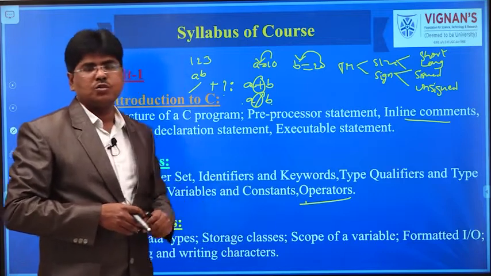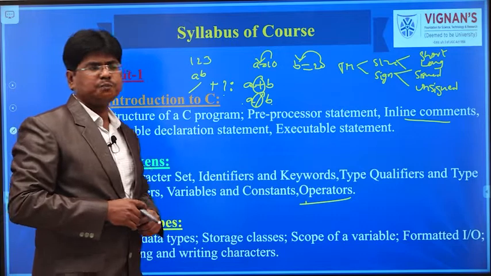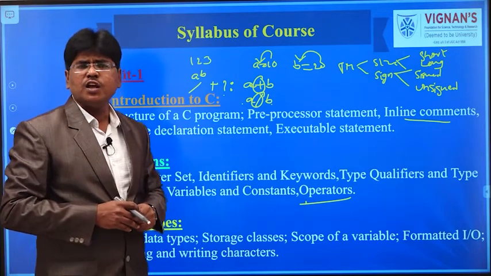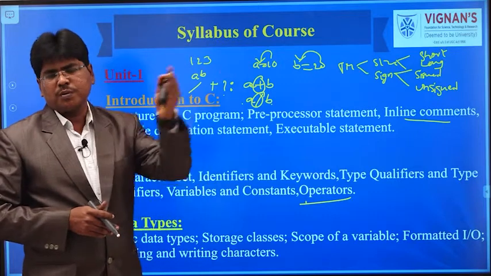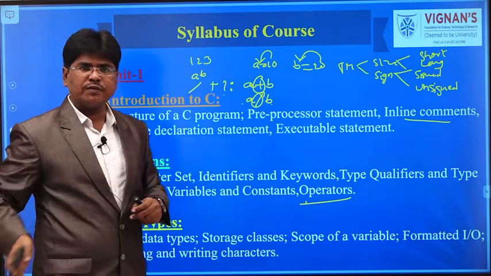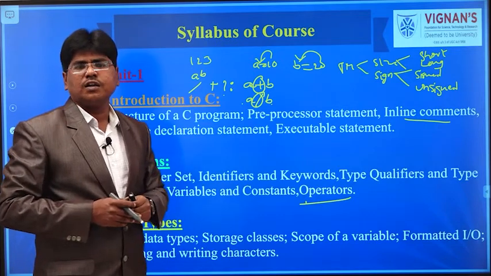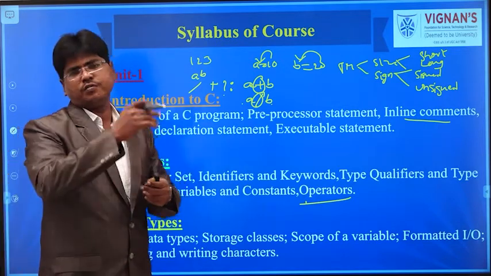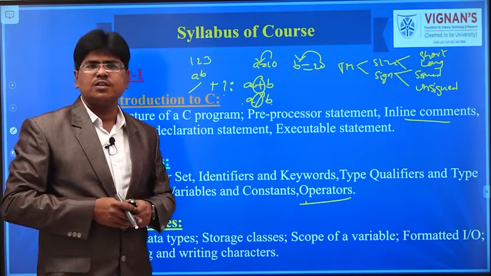Now coming to scope of variable. Scope of variable means, if you take any variable throughout the program, for example, I have declared a variable at the top of the program. Again, I have declared a variable in the middle of the program. I want to access the data from the middle variable to the first variable at the top. So it indicates the location, region, place.